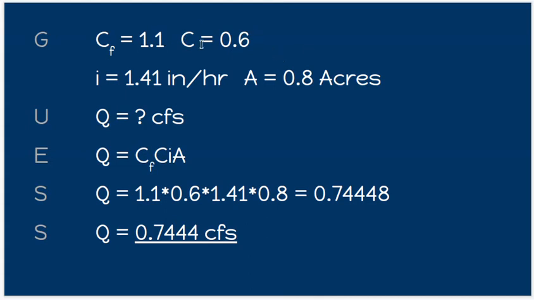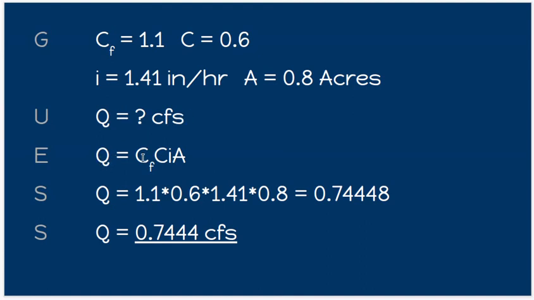Our coefficient for the runoff is 0.6, and we would have gotten this from that table, the PLTW reference table for the runoff coefficients based on surface, or it could be a composite coefficient. Our value for rainfall intensity is 1.41 because we looked it up for the site, and our site is 0.8 acres. We are solving for the runoff rate in cubic feet per second.